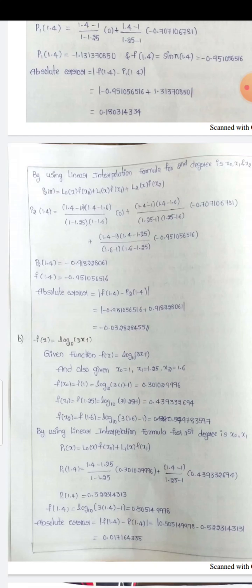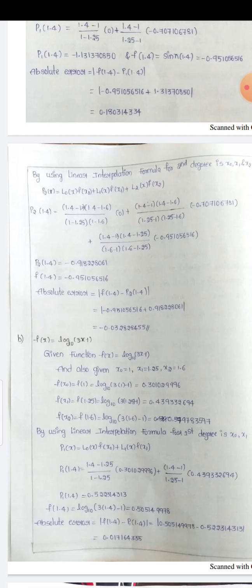After simplifying, we get the value P2 of 1.4 is equal to minus 0.918228061. f of 1.4 is equal to minus 0.951056516.